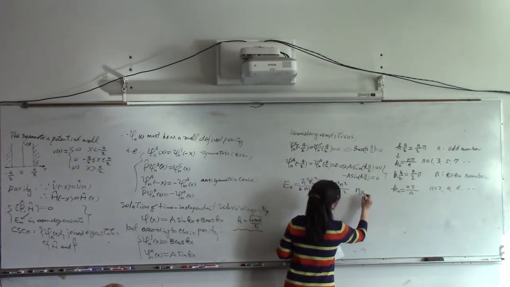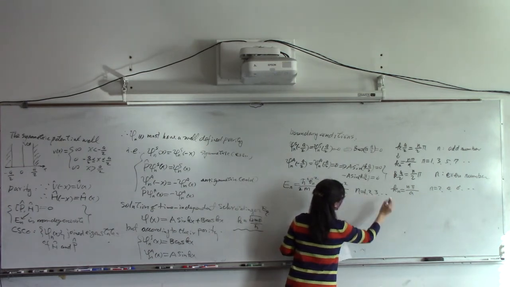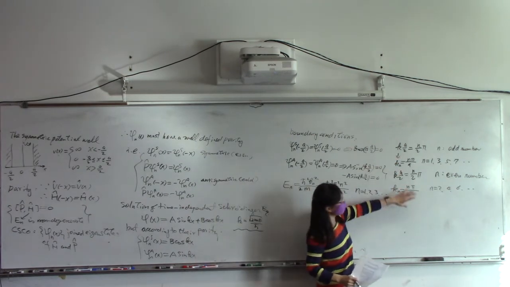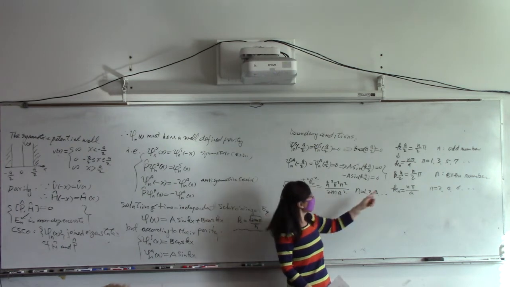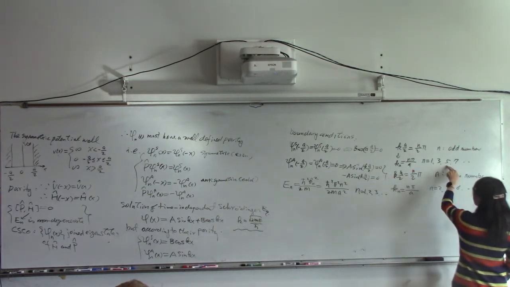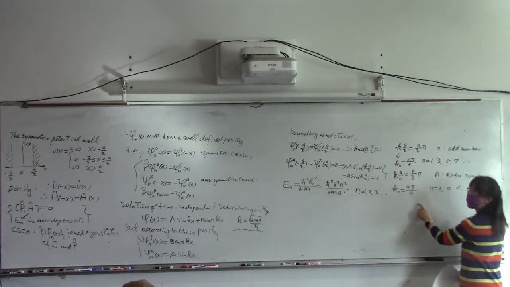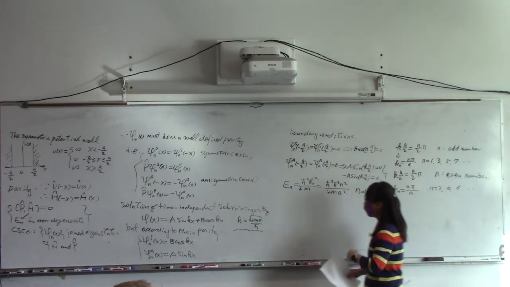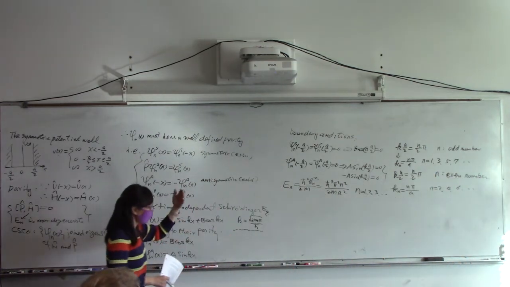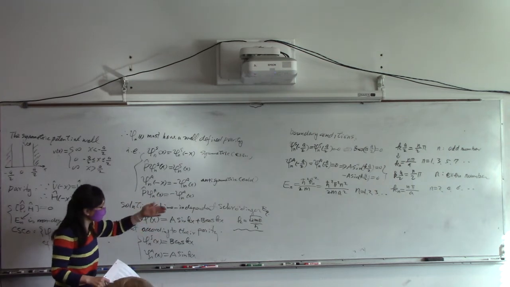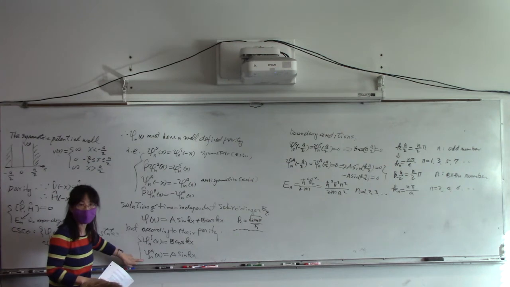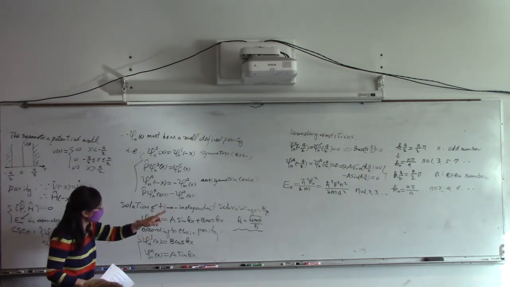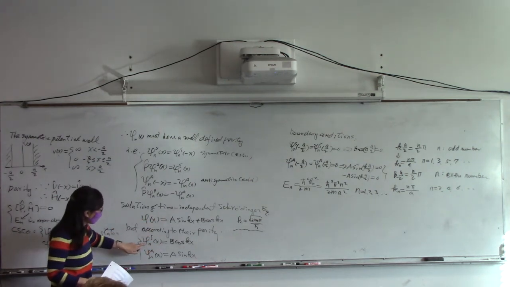Now n can start from 1, 2, 3, all numbers. I just combine these two together, since energy only depends on Kn. Whether n is an odd number or an even number, it is all the same formula. What you can keep in mind is that the energy alternates, corresponding to either symmetric or antisymmetric states. n equal to an odd number is symmetric, and an even number is antisymmetric.